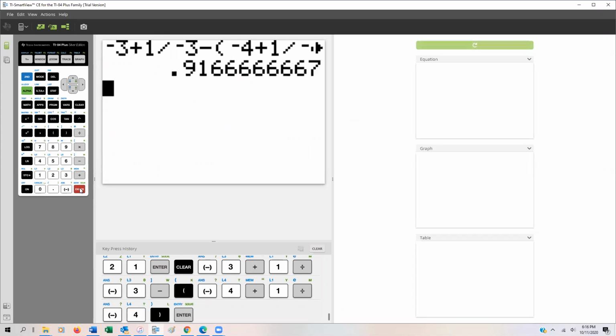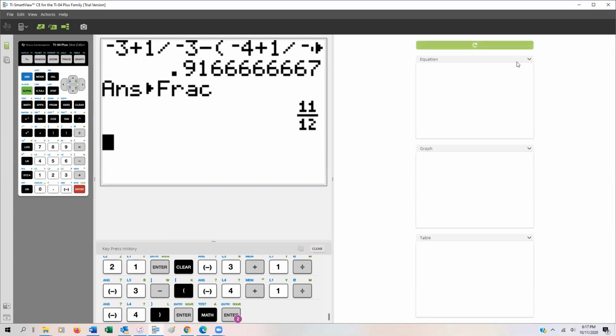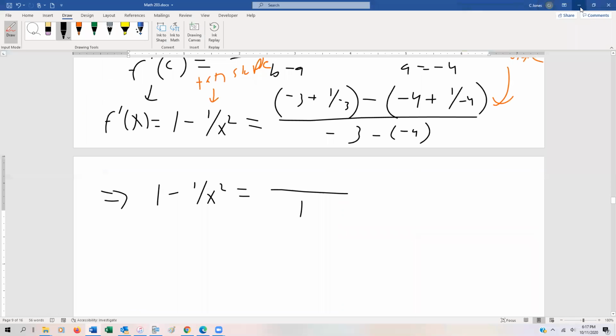So we just do that in our calculator, and then we're going to hit math, enter, enter, so we can make it into a fraction. So that's 11/12. So it's not the nicest number, but could be a lot worse. So this is going to be 11/12 over 1, which means that 1 minus 1 over x squared is equal to 11/12.